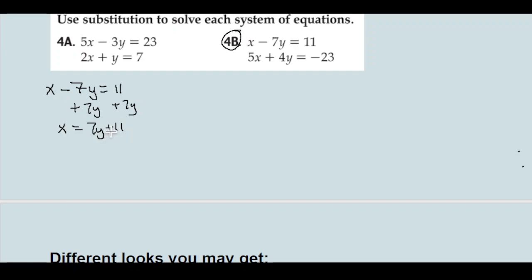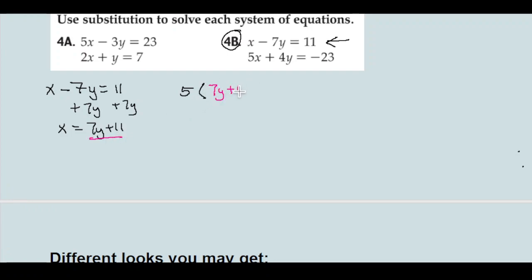Now the next step is I'm going to take this, and because we used this equation up here already, we are going to substitute into the other equation. So we're going to use this 5x plus 4y equals negative 23. We're going to go 5, and then I'm going to switch colors here, pick that up, and put that in here.